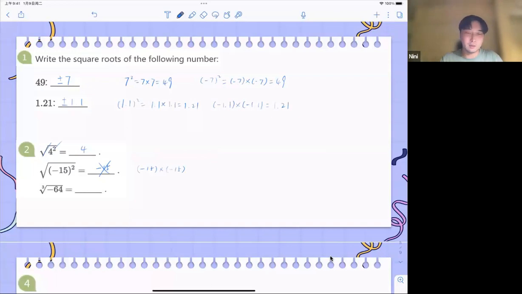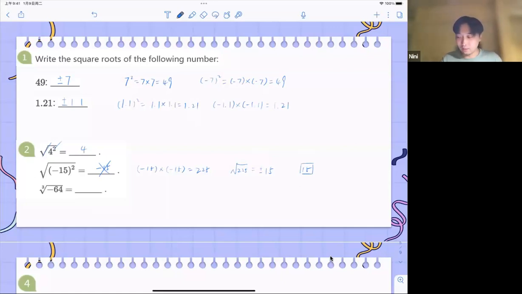This is minus 15 to the power of 2, and that is a positive 225. Then we need to do the square root of positive 225, which we can get positive 15 and also a negative 15. But as I mentioned, in the US we got a tradition that we only keep the positive one during our operation. So that means you just need to keep this 15.